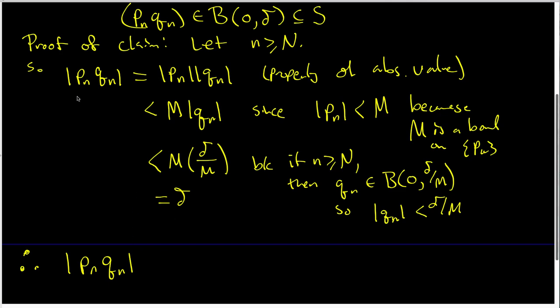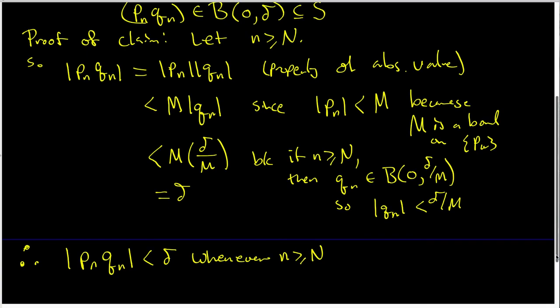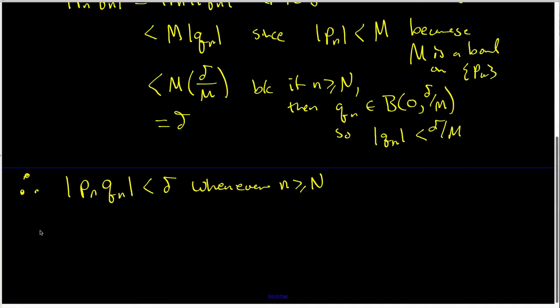So the absolute value of Pn times Qn is strictly less than delta whenever little n is bigger than or equal to capital N. Now I want to think about what that means.